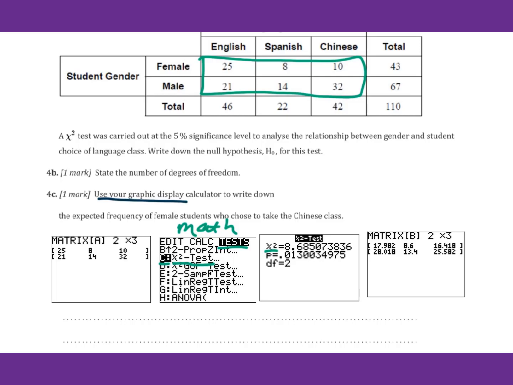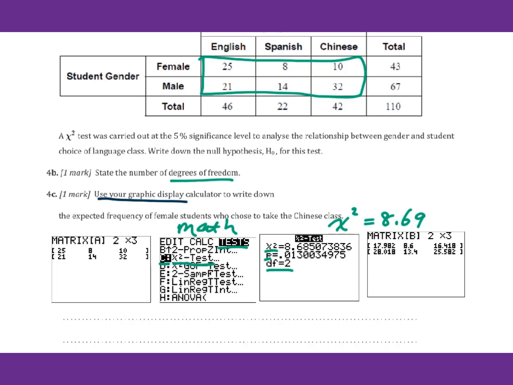Then you will get the chi-square equals 8.69, and the p-value 0.0130. And the degree of freedom, they give you 2. So you can find the degree of freedom from the graphing calculator.